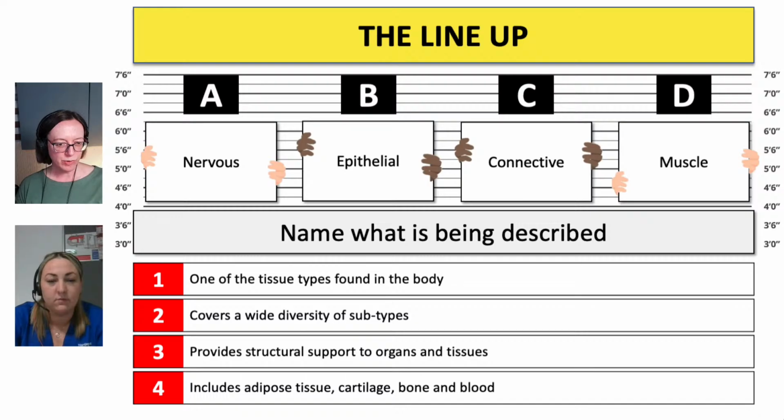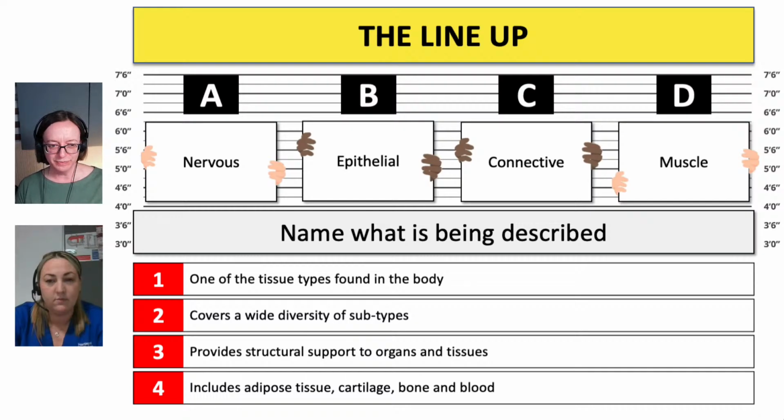Anyone at home want to have a go at the answer? Is it A, nervous, B, epithelial, C, connective or D, muscle? Charlotte's already said not nervous tissue and not epithelial. So out of connective tissue and muscle tissue, which one includes adipose, cartilage, bone and blood? Anissa at home, Sia at home, what do you think?